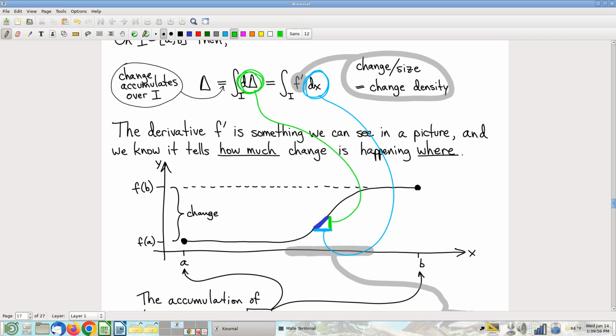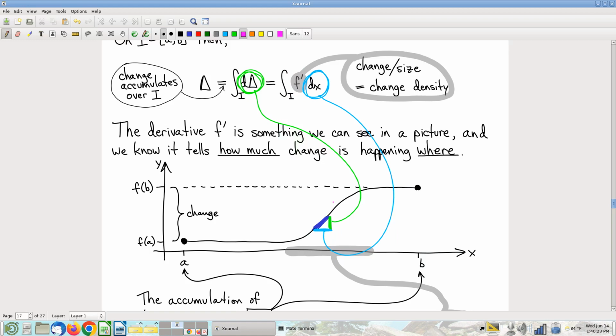Here's my delta. And so I can think of the derivative. Now, of course, classically we've thought of the derivative as being the slope, rise over the run. And now all I'm doing is taking a different perspective on how to think about rise over the run. Instead of thinking of this as rise, think of this as this accumulating quantity called change.